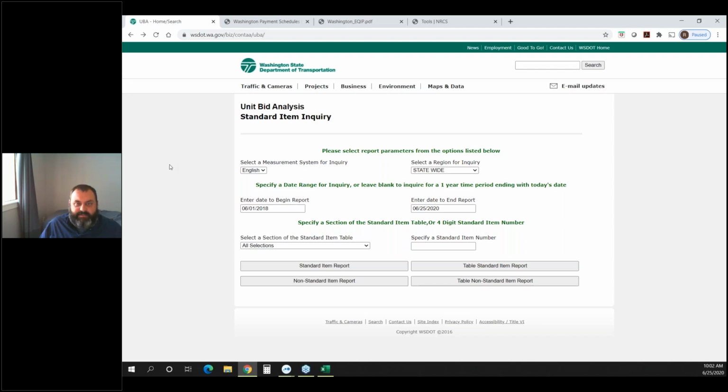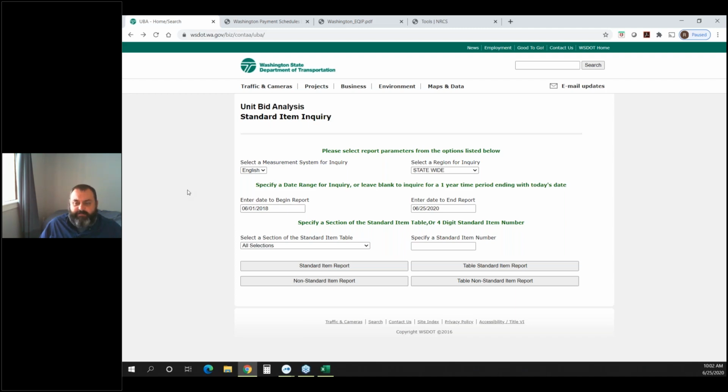Sometimes you get surprised on contractor quotes or bids, but it's always good when you're talking about trying to find funding or look at the cost benefit of a project. So really the first thing I want to show you is this WSDOT, Washington Department of Transportation, page.